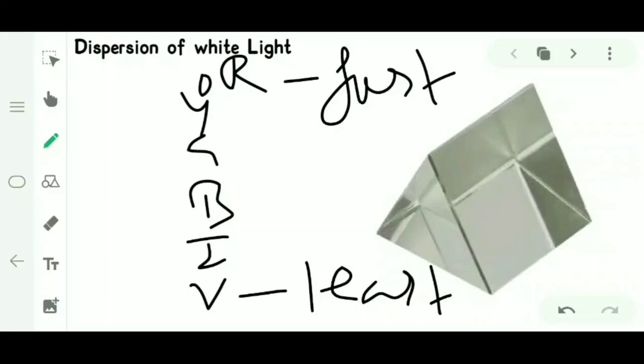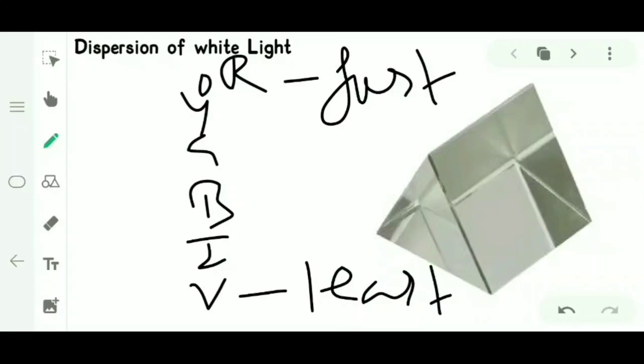That's why in the red signals we have already seen, we use red color for stopping vehicles, and the signal of danger is also shown in red. The velocity of violet is least.